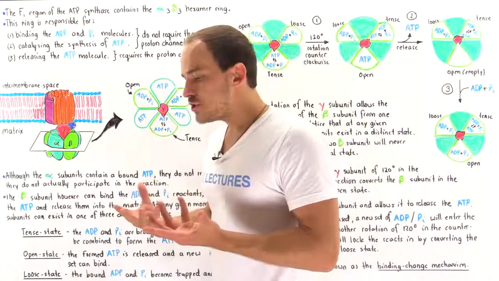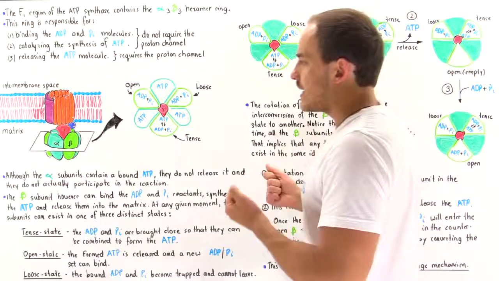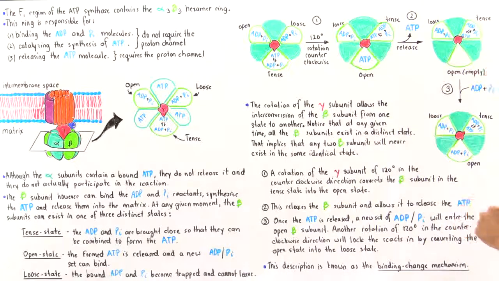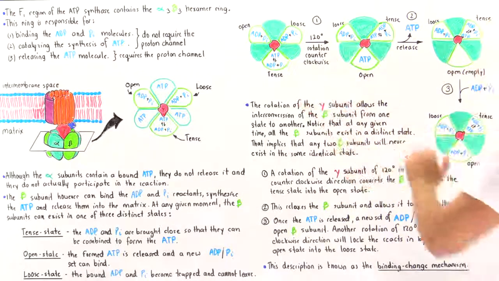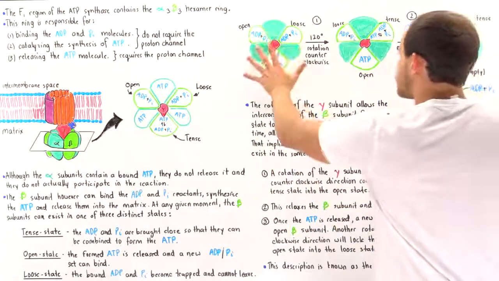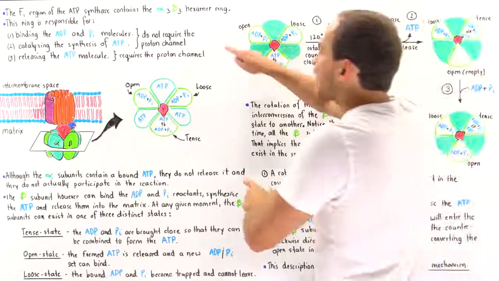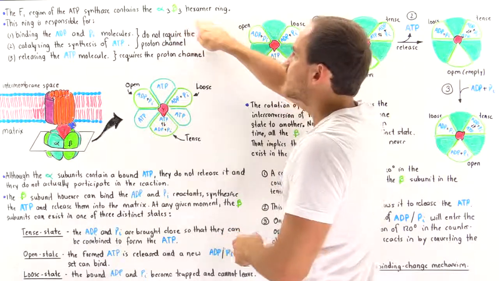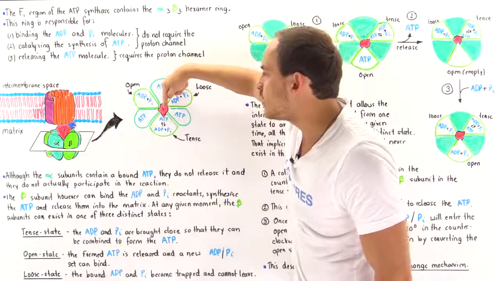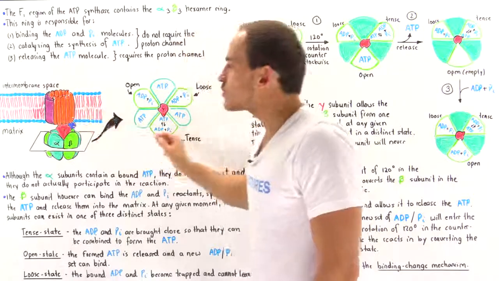Now, the next question is, what determines the actual state of that particular subunit? So let's take a look at the following diagram. What we see happening in this diagram is, as we go from this particular structure to this particular structure, the alpha-3 beta-3 hexamer ring does not rotate, but this middle portion, the gamma structure shown in red, rotates.